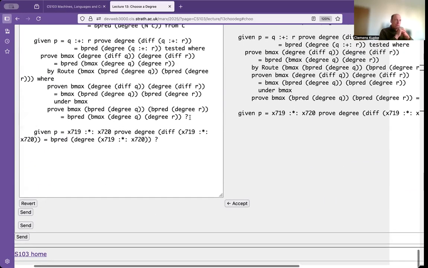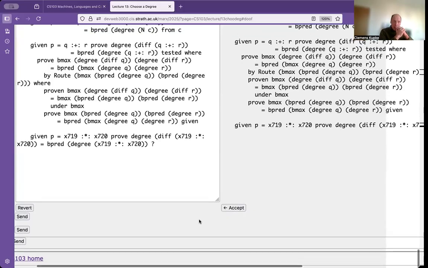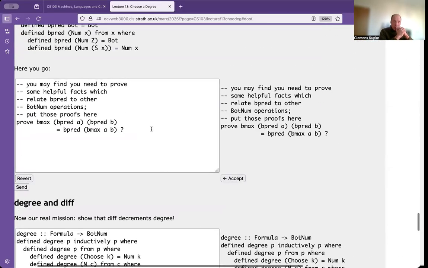So I will say here, given, and hit send, and then go back to this box. And now, hopefully, this is the traditional splatterfest from A.